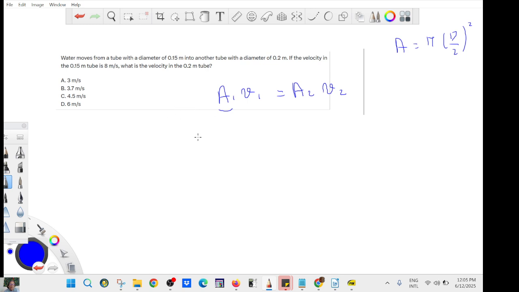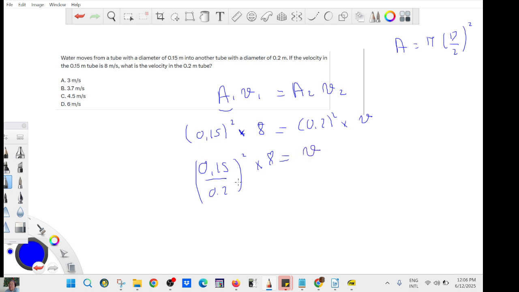So on one side, you have 0.15 squared times 8 equals 0.2 squared times V. So that way, it's going to make the computation easier. So I can do 0.15 over 0.2 squared times 8 equals V, and you need to find ways to make it easier to compute.